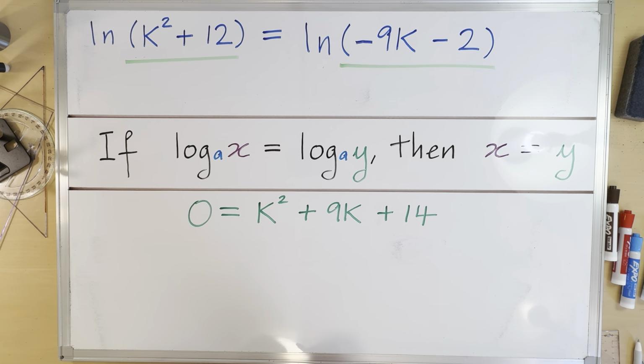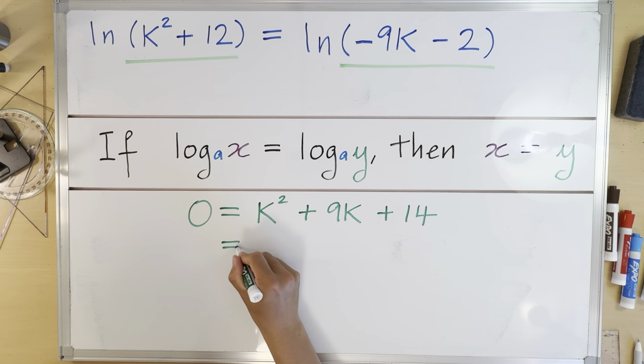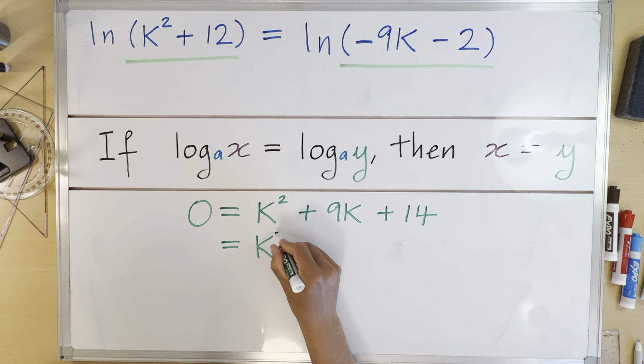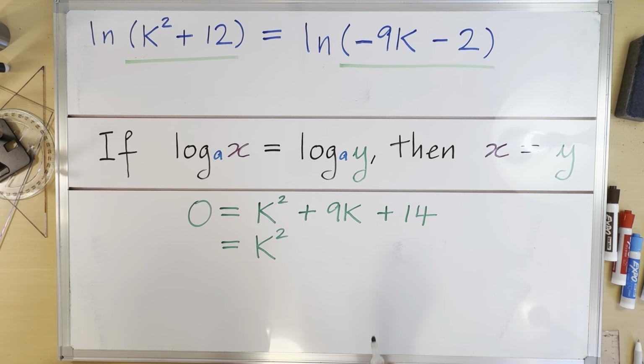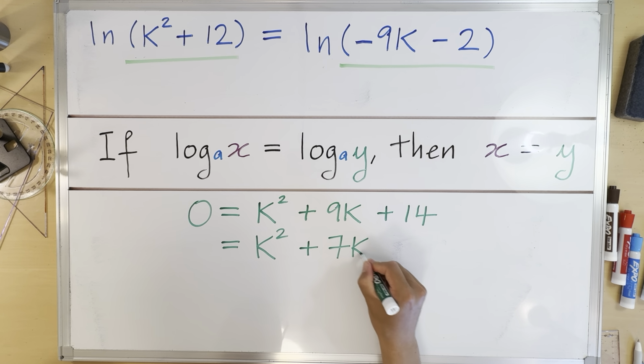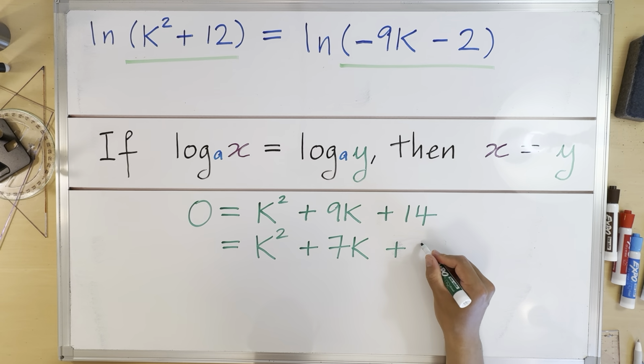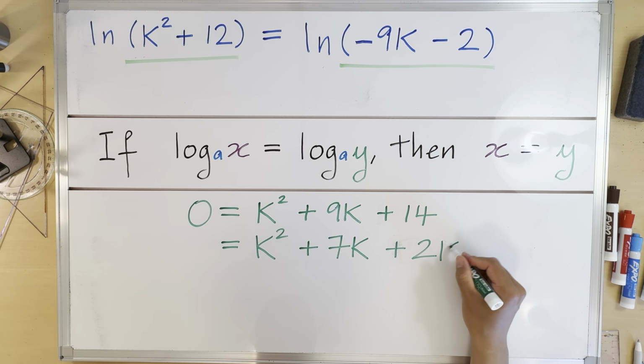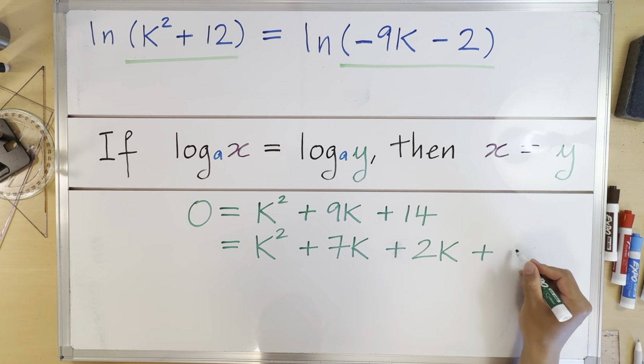And it turns out that those two numbers are positive 7 and positive 2. So we're going to have k squared plus 7k plus 2k plus 14.